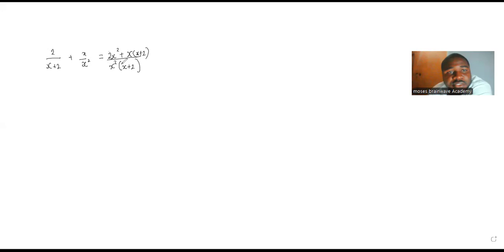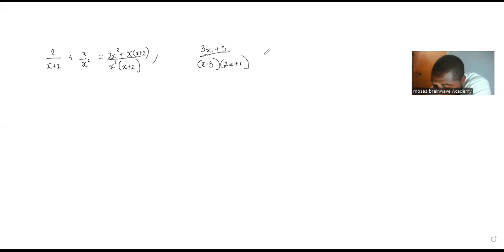Good. This is straightforward. But assuming you are given a function of this form, 3x plus 5 upon x minus 3 times 2x plus 1.